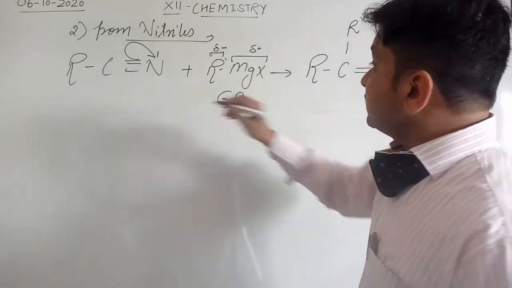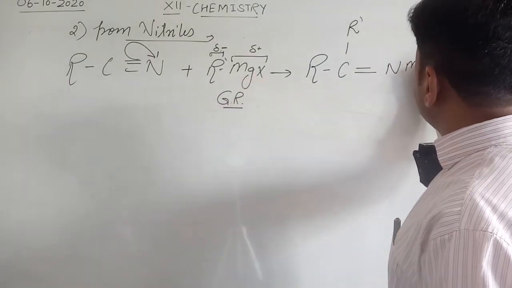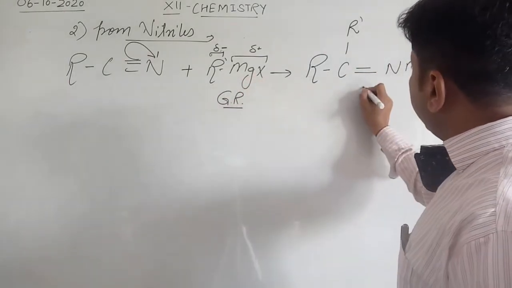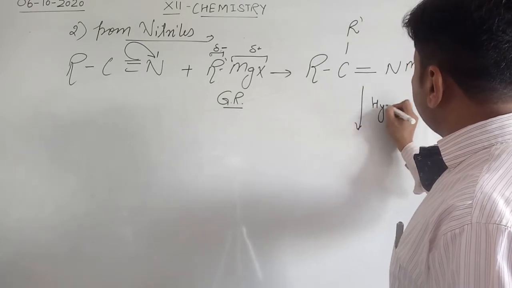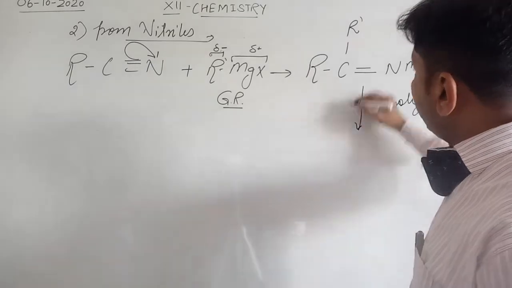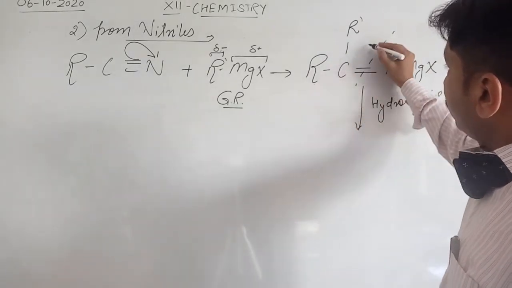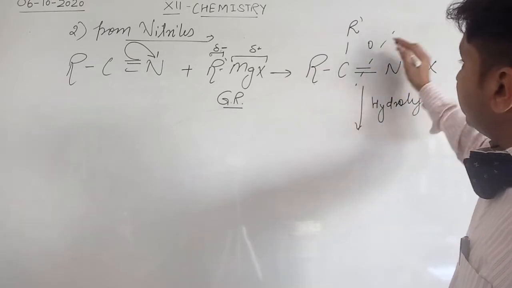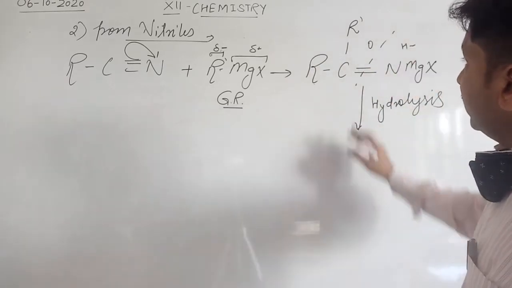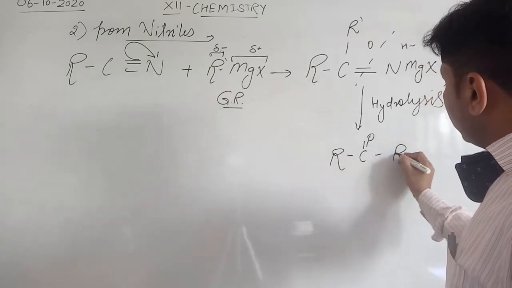This nitrogen is now added with MgX, and this compound undergoes hydrolysis from this side. Clear. So RCO, this side oxygen and this side H2. So this compound converts into RCOR.